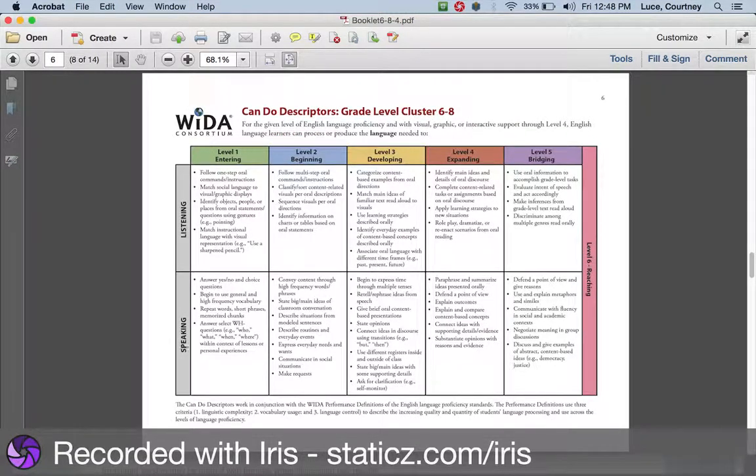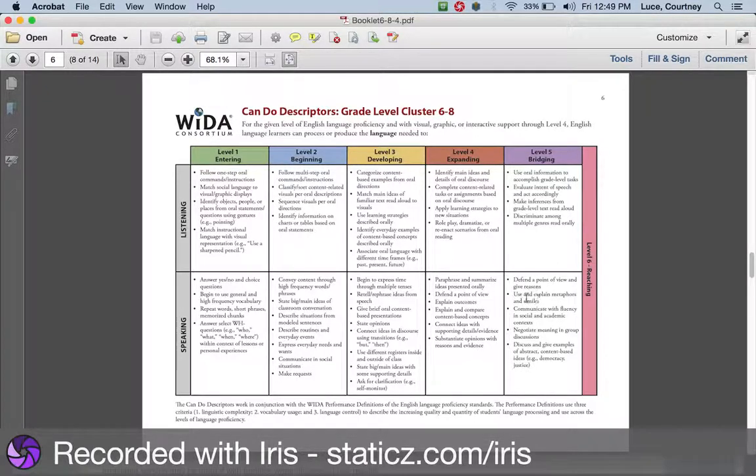So we scroll down to writing and speaking. Here, speaking, it says at level 1, students should be able to answer yes or no questions, begin to use general and high frequency vocabulary, or repeat words and short phrases from memorized chunks. This gives you ideas of what students should be able to do at each level. At level 5, they'll be able to defend a point of view and give reasons, or use and explain similes and metaphors.